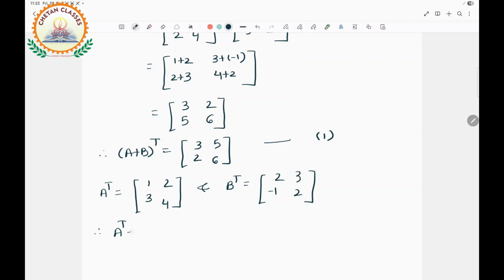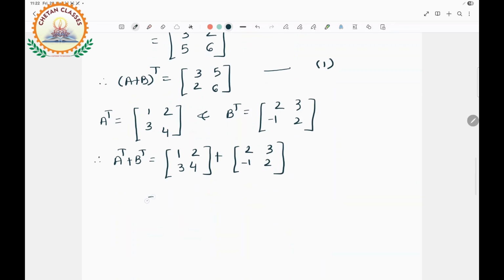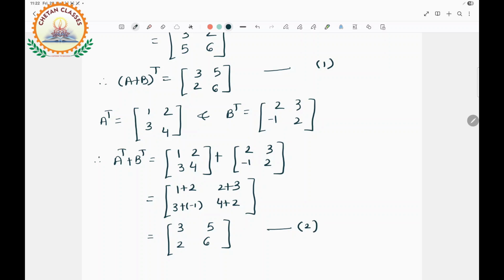So therefore A transpose plus B transpose is equal to 1, 2, 3, 4 plus 2, 3, minus 1, 2 is equal to 1 plus 2, 2 plus 3, 3 plus minus 1 and 4 plus 2 is equal to 3, 5, 2 and 6. Consider this is equation number 2.